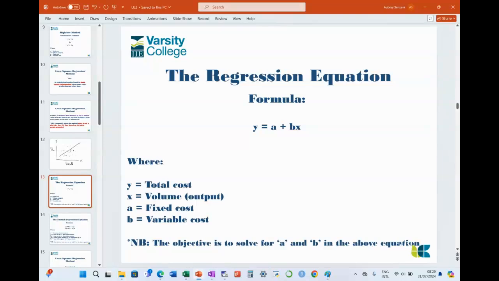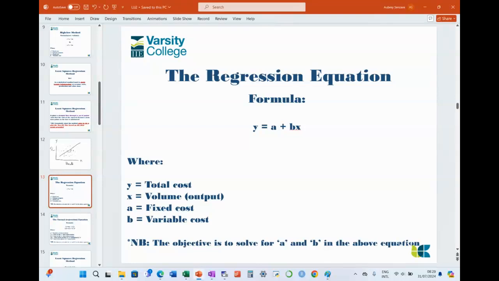X is number of units, so we'll just get that out of the question. Y, again, we'll get out of the question. They'll tell you for X number of units, you're going to have a cost of so much. For this level of units, you'll get this cost. And then from those two points, you figure out your line.